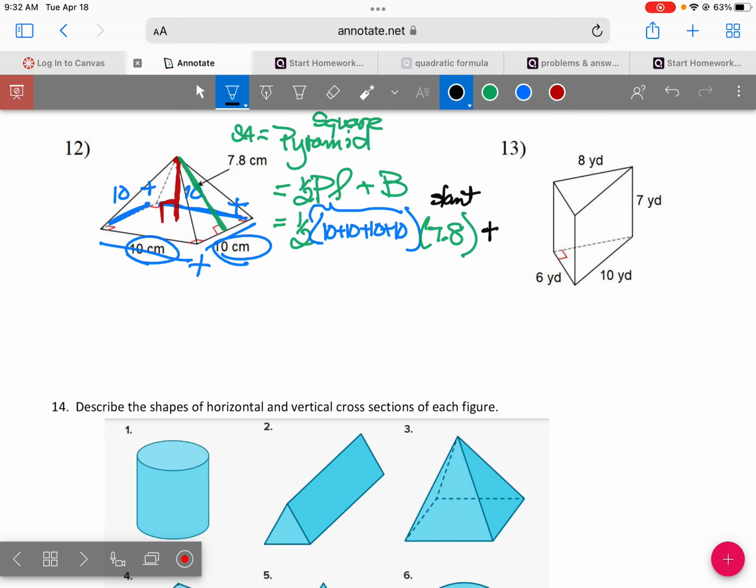Plus the area of my base, well, we already said that's a square. Area of a square is side squared, which is 10 times 10.